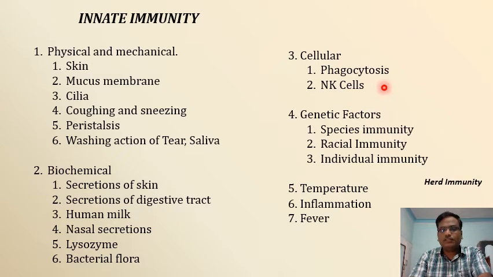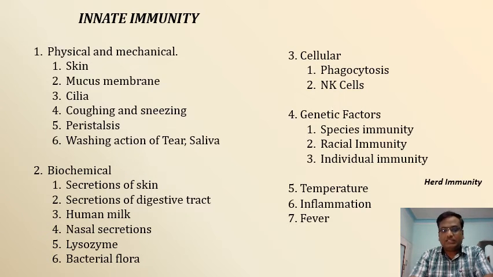Now, natural killer cells are very important because these are the cells which are going to search for the dead cells in our body or the abnormal cells in our body, and they are going to destroy those types of cells. Actually, natural killer cells play a very important role in preventing the development of tumors inside our body.